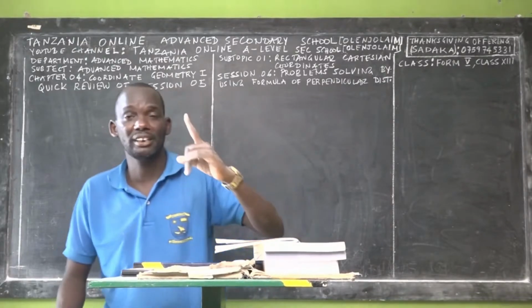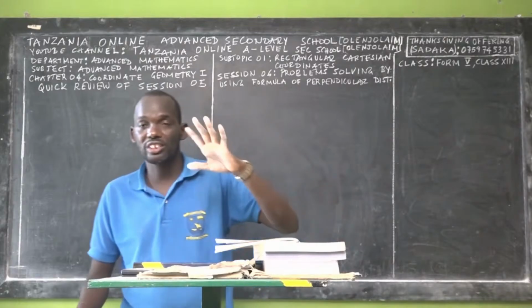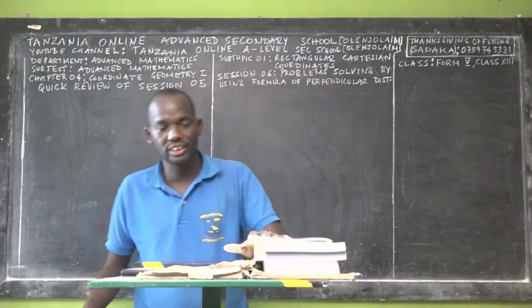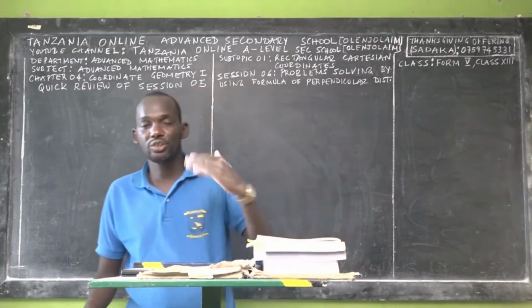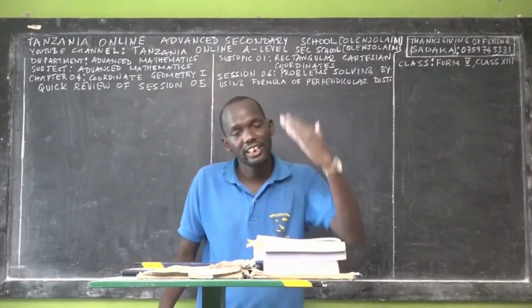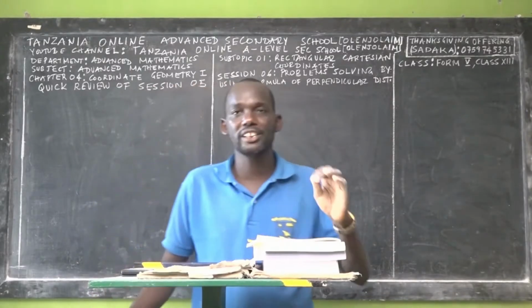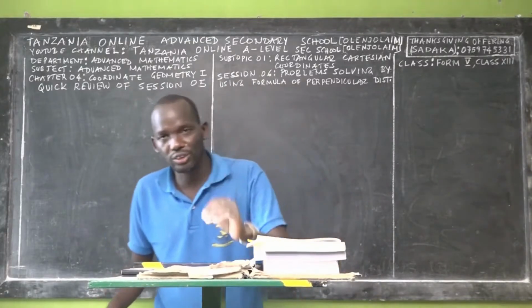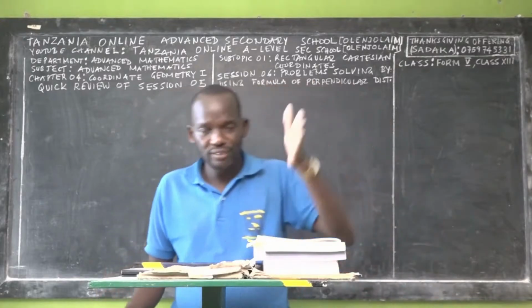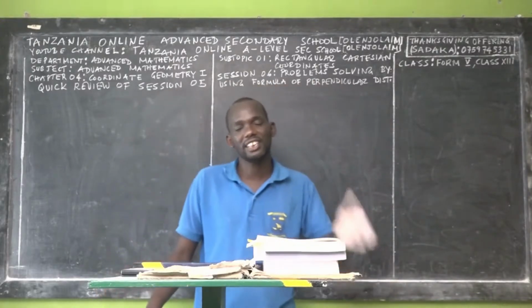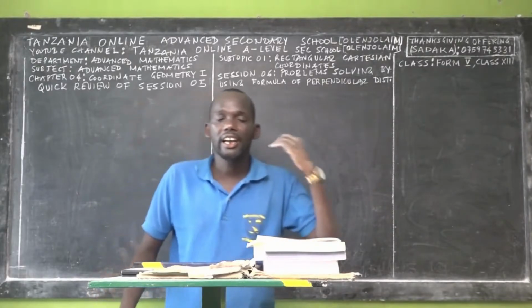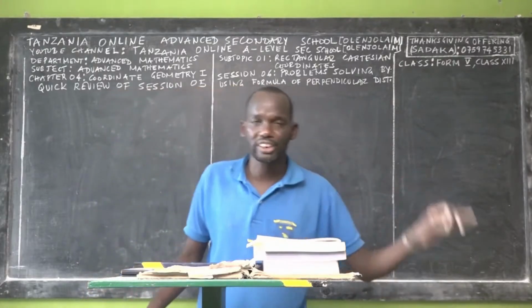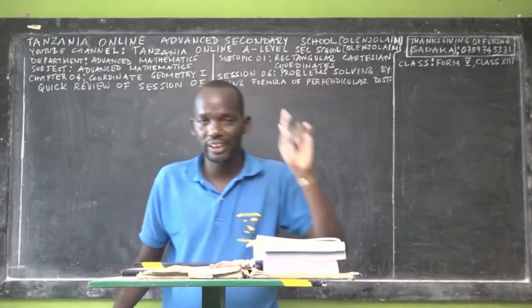I remind you of the vision for Tanzania Online Advanced Secondary School: we are here to teach, train, incubate, mentor, lead, and encourage a group of advanced level students who will be ready to extract knowledge and wisdom from classroom, formal and informal education in mathematics and science subjects, and combine that knowledge with the wisdom of the Word of God written in the Holy Bible in order to solve real life problems.